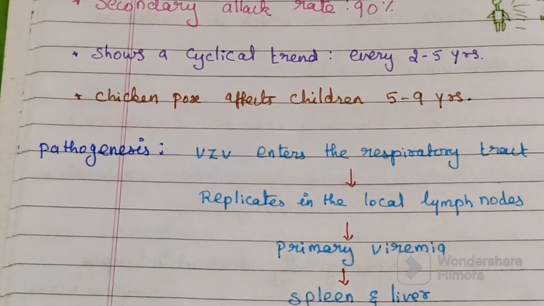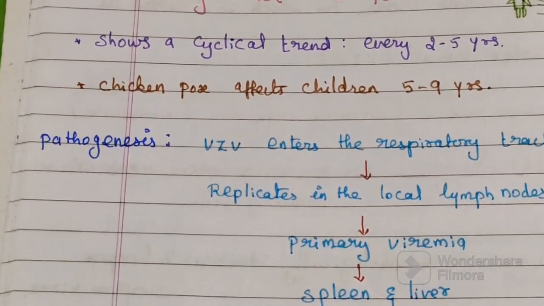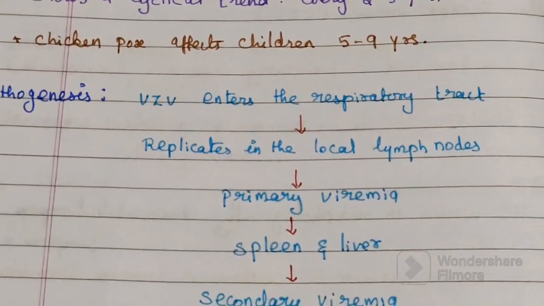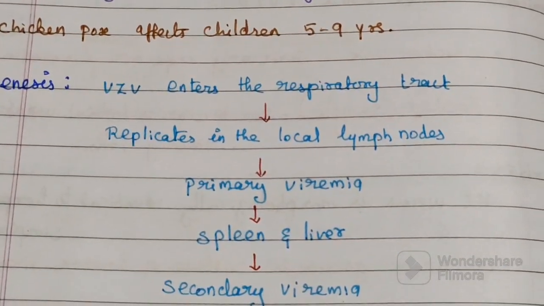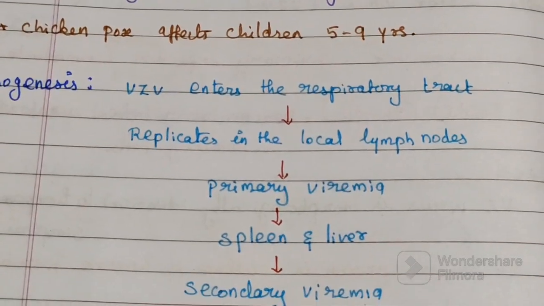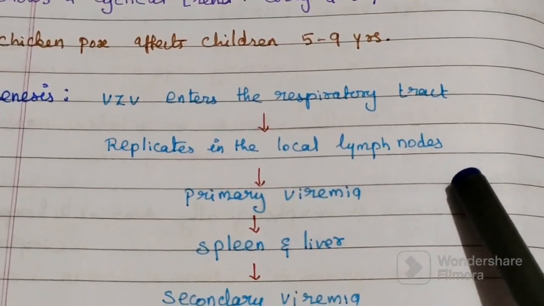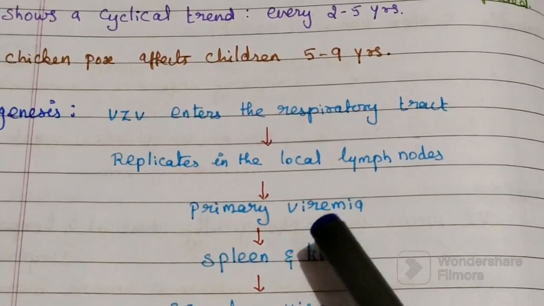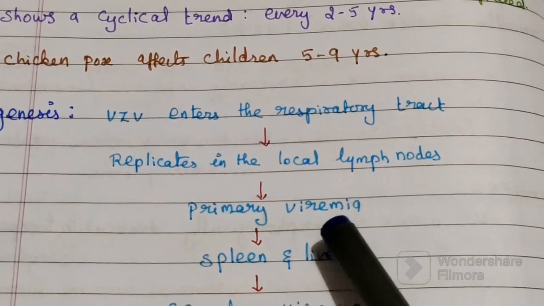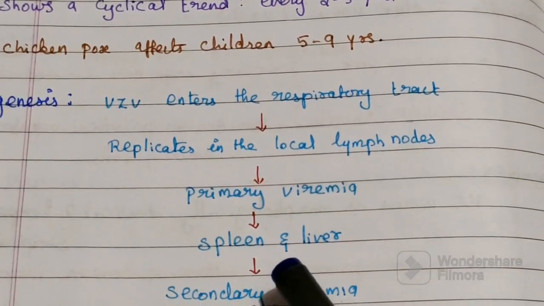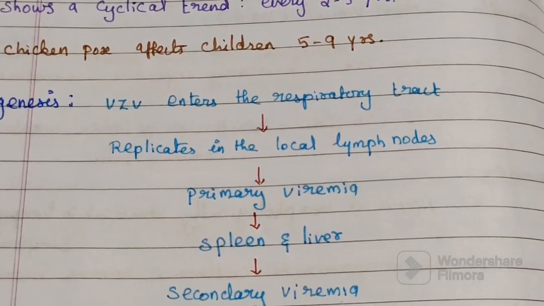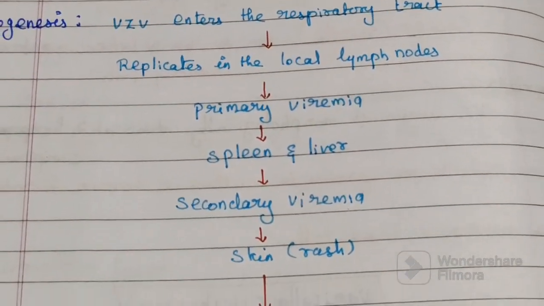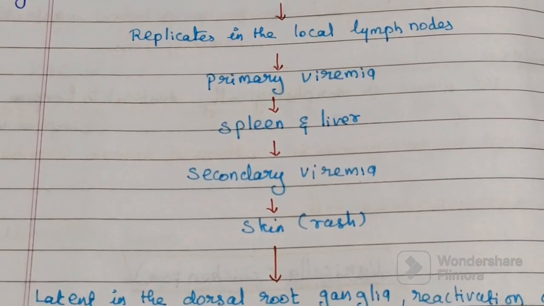So next, pathogenesis. Varicella zoster virus enters the respiratory tract, then replicates in the local lymph nodes. It goes to the blood and causes primary viremia, then reaches the liver and spleen, where it causes secondary viremia, then causes skin rash.